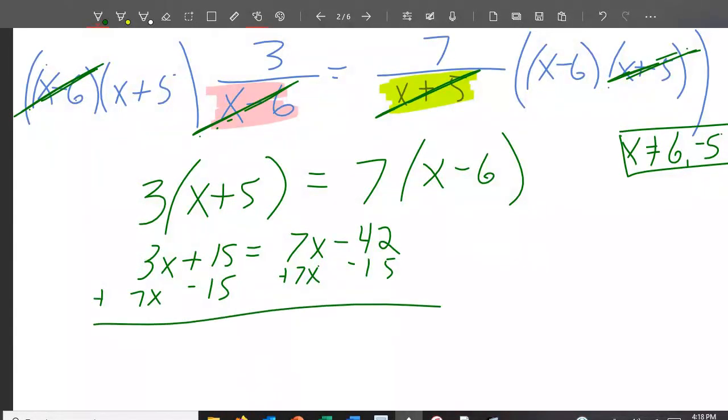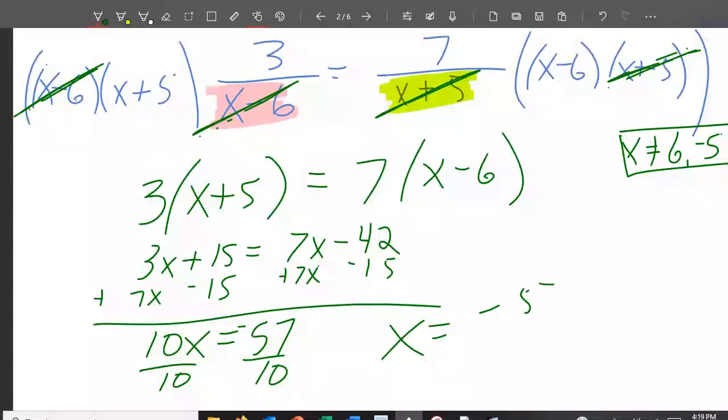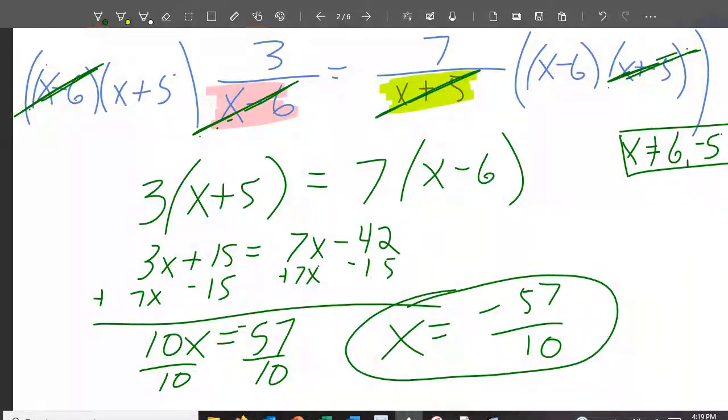So we're going to get 10x on this side and negative 57 on this side. Divide both sides by 10. So x turns out to be negative 57 over 10. That's my final answer.